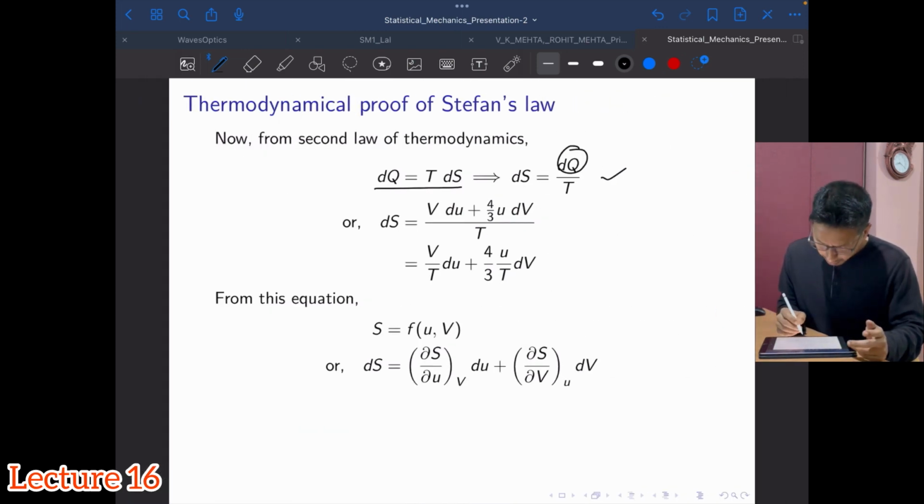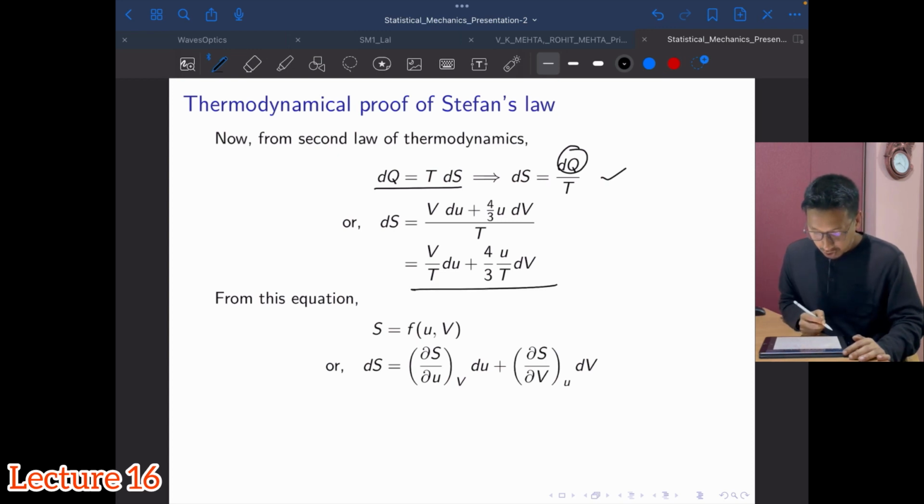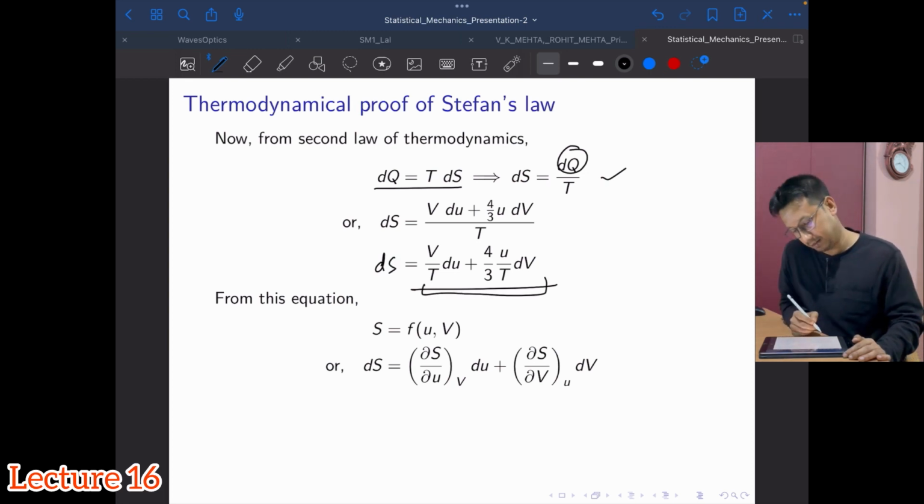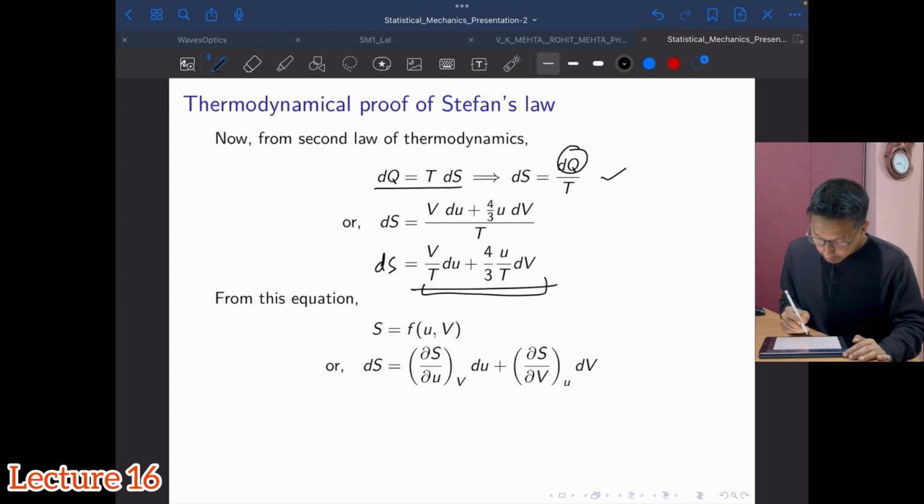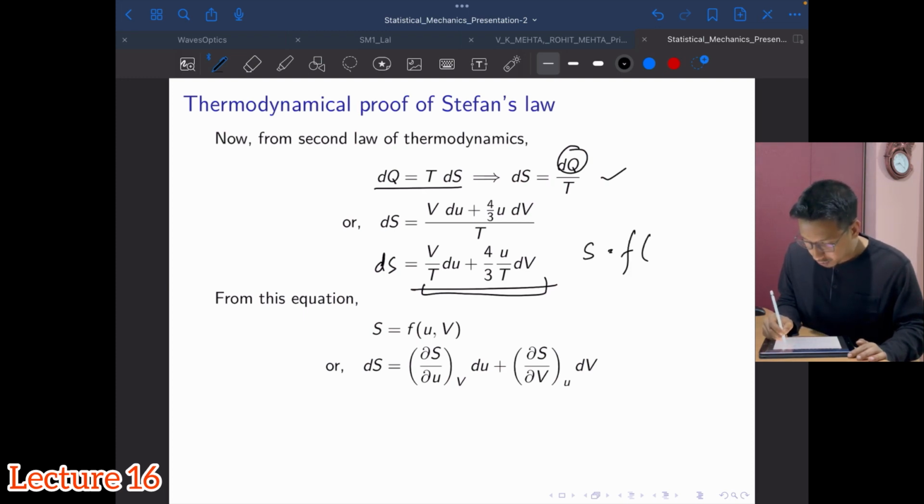Very simple stuff: ds equals (v du plus 4/3 u dv) divided by T. From this expression we can see that the entropy is a function of two variables, energy density and volume, isn't it? So that is what is written here.